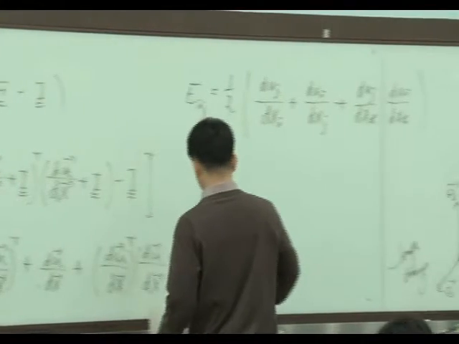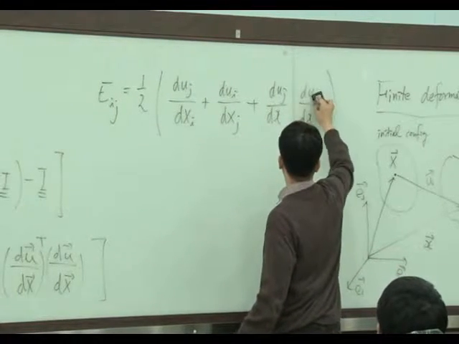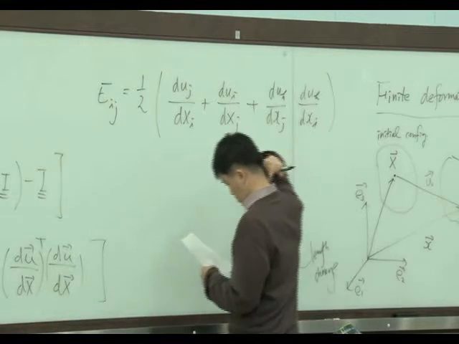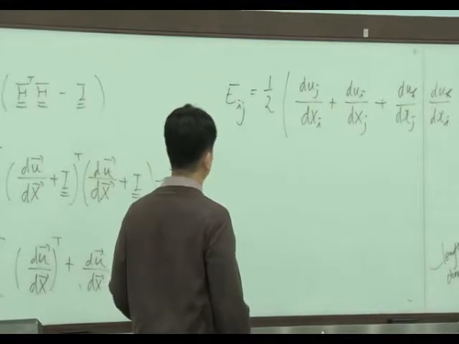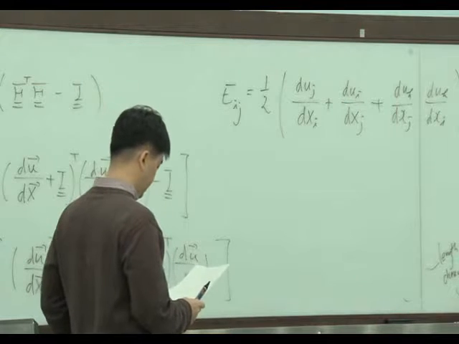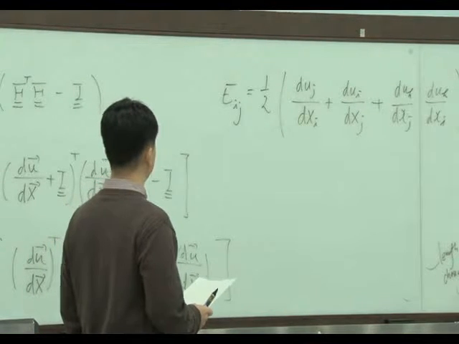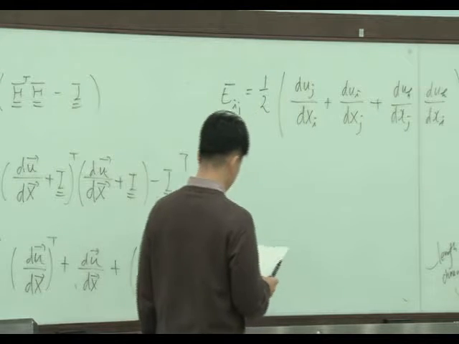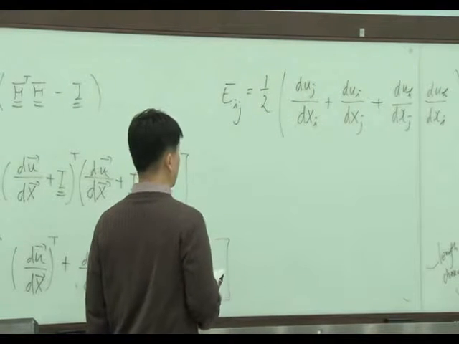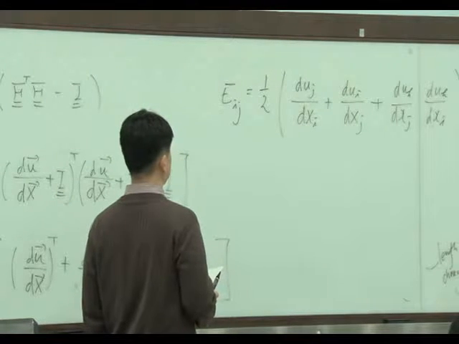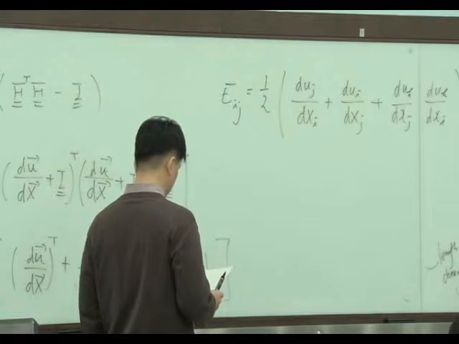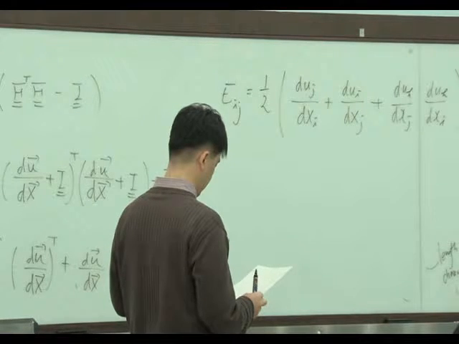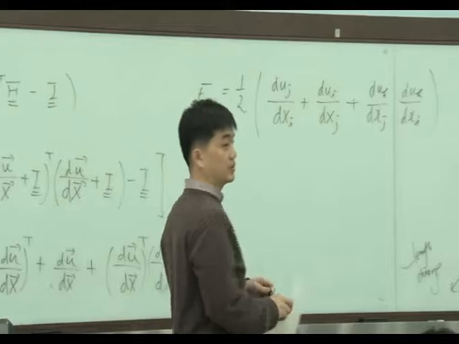Sorry, I did it wrong. This should be k. Understand? Any question?